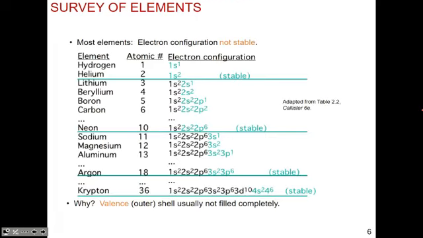So if you see here, you can build the electronic configuration up as you go through the atomic numbers from 1, hydrogen, up to helium, 2, lithium, 3. We've talked about lithium.